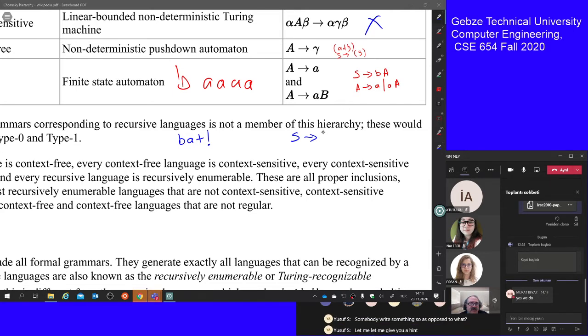S should start with a B. Right? Then S should end with an exclamation mark. What should I write in between?